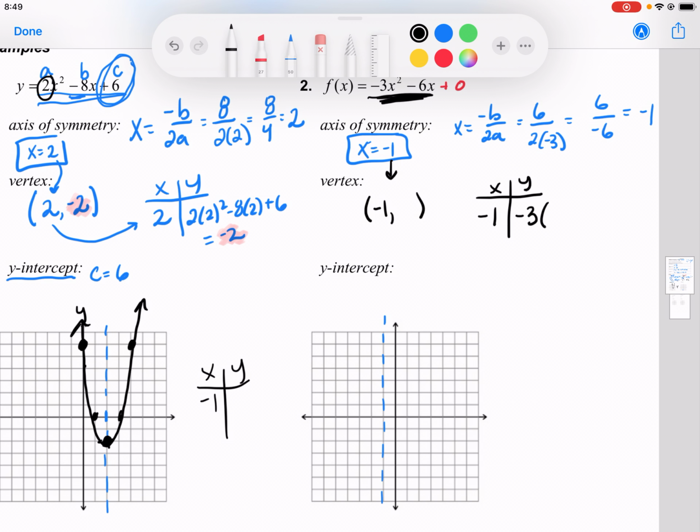So we'll do -3 times -1 squared minus 6 times -1. So that will give you a +3 if you plug it in. So I'm going to plot that coordinate. So I'm going -1, +3, so left 1 up 3, put a point.